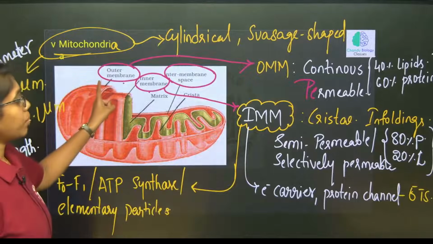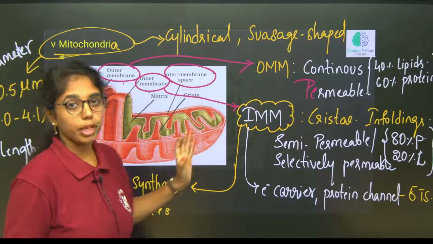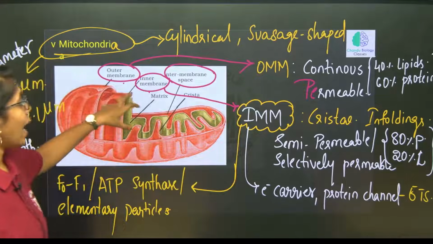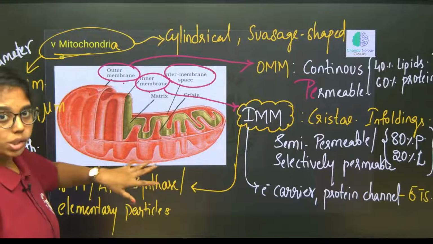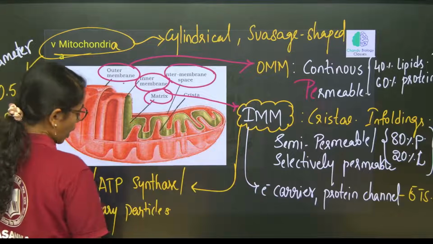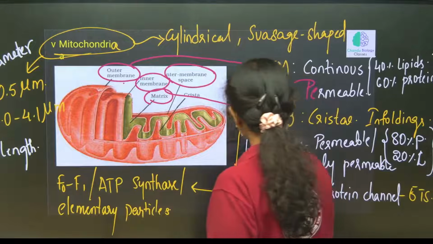So, outer mitochondrial membrane, inner mitochondrial membrane, its protein and lipid composition, what is embedded inside the inner mitochondrial membrane, and what is intermembrane space. This is clear to you, right? Now, mitochondrial matrix. What is present inside the mitochondrial matrix?